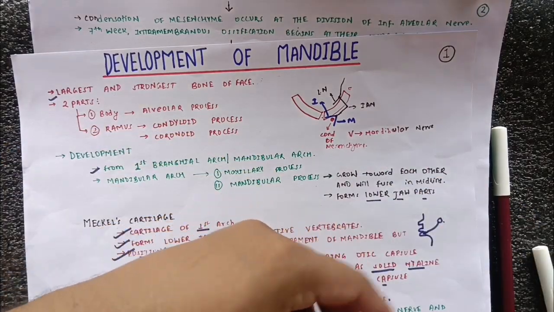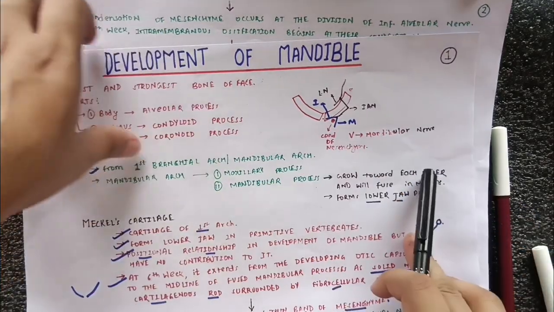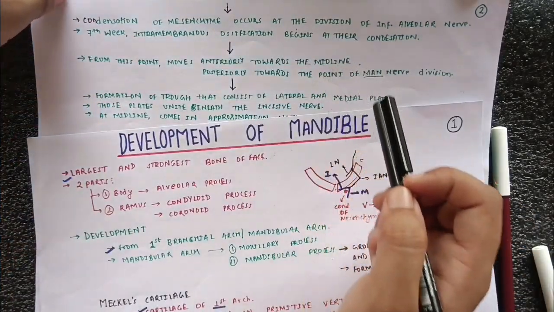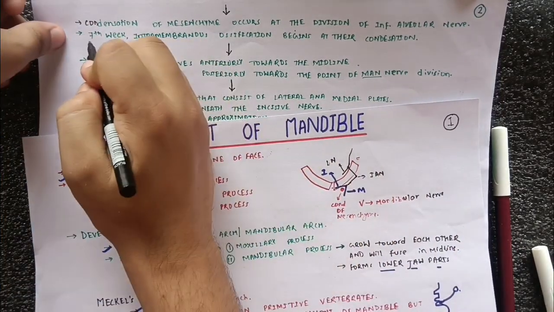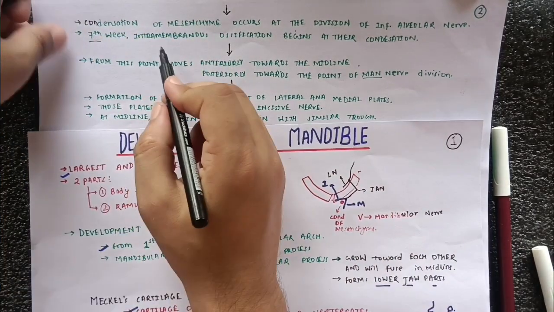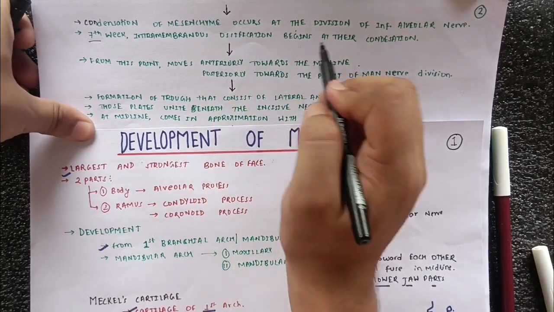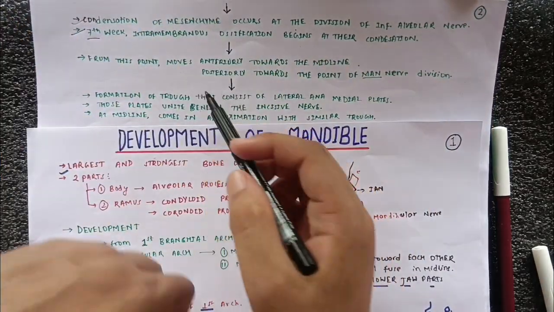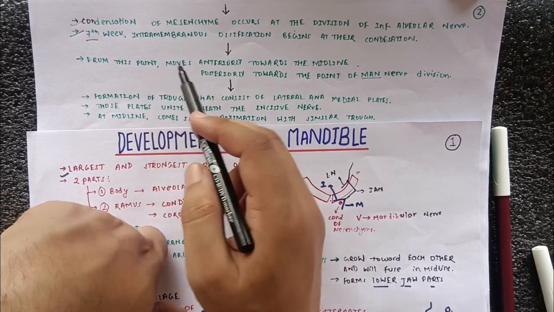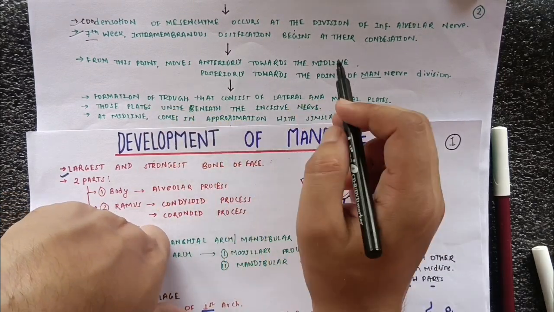So there is a condensation of the mesenchyme, and at around the 7th week intramembranous ossification begins at that condensation. After that I have written, from this point it moves anteriorly towards the midline.